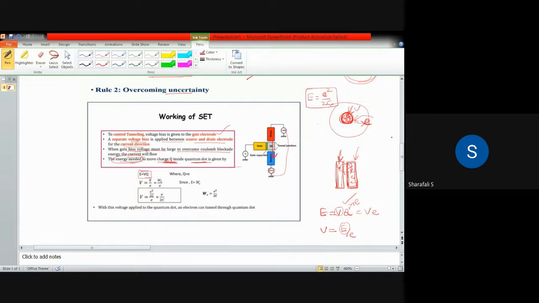This is the Coulomb blockade energy. This much energy is required for the electron to cross this potential and to reach this quantum dot.